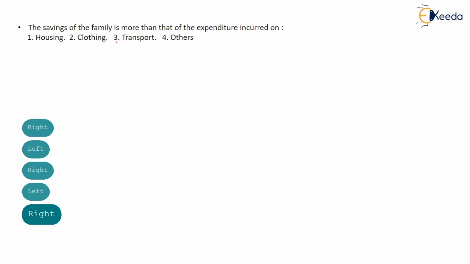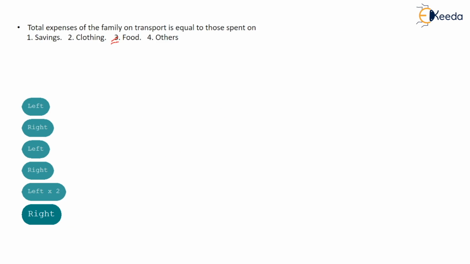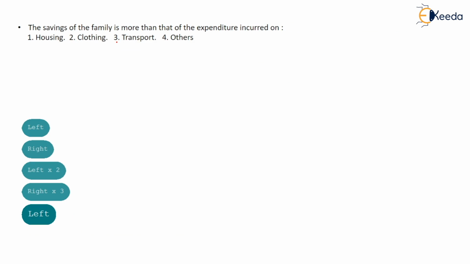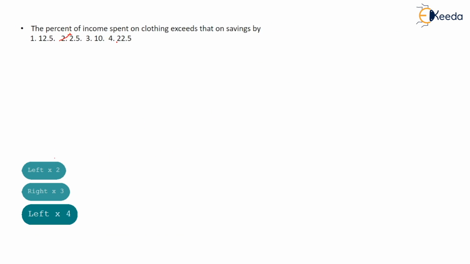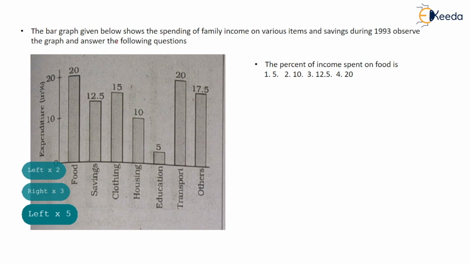The saving of the family is more than that of expenditure incurred on... means saving should be more than which factor. So saving is 12.5, right? The expenditure on housing, you can see housing is 10%, which is less than 12.5.